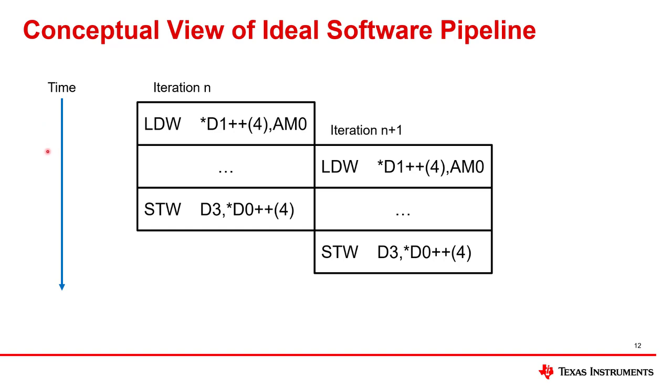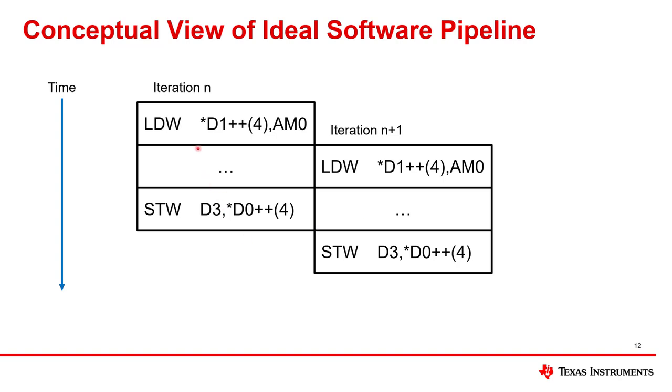So time is proceeding here in that direction. This is a representation of the instructions for iteration n. This is a representation of the instructions for the next iteration, n+1. You'll see the instructions are the same. If two blocks are adjacent like this, they are conceptually executing at the same time.